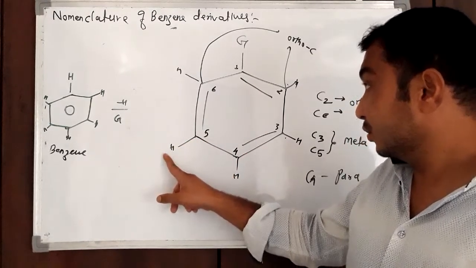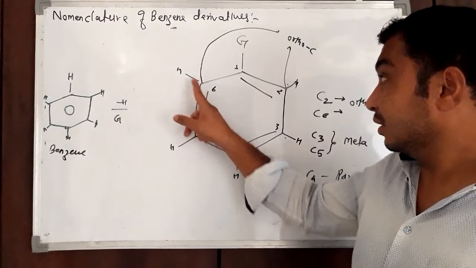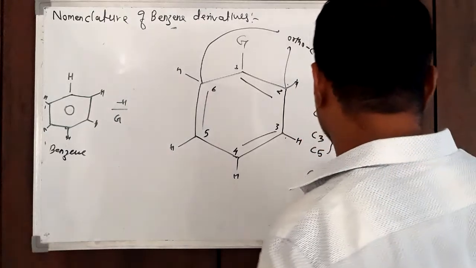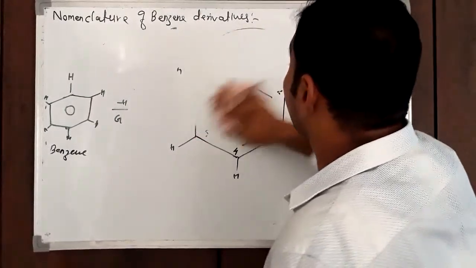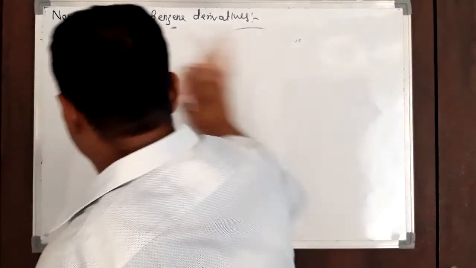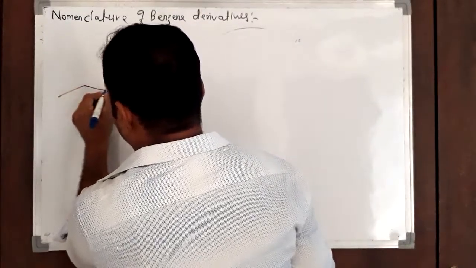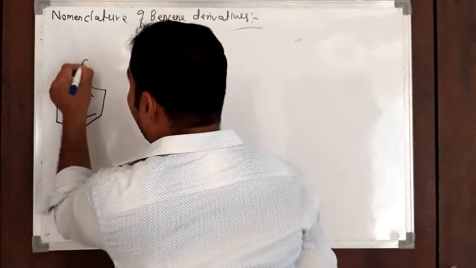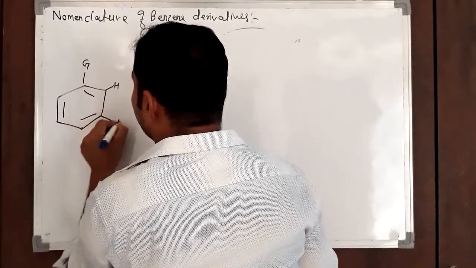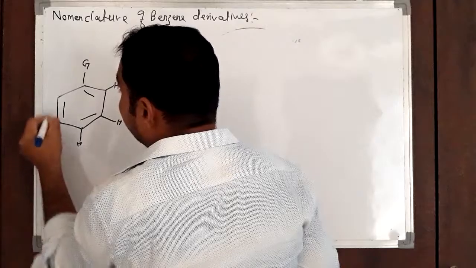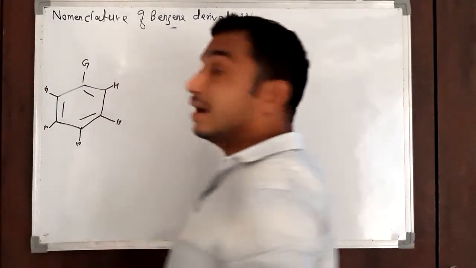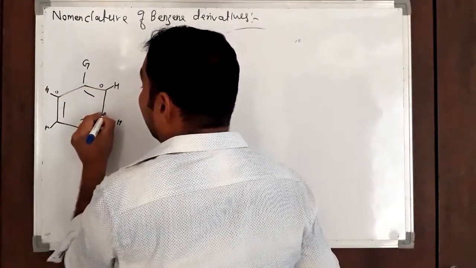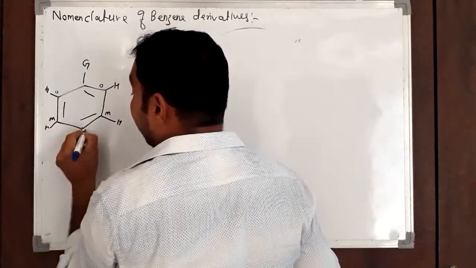Meta carbon, meta hydrogen. Ortho carbon, ortho hydrogen. So monosubstituted benzene has 3 types of hydrogen: 2 ortho, 2 meta, and 1 para.